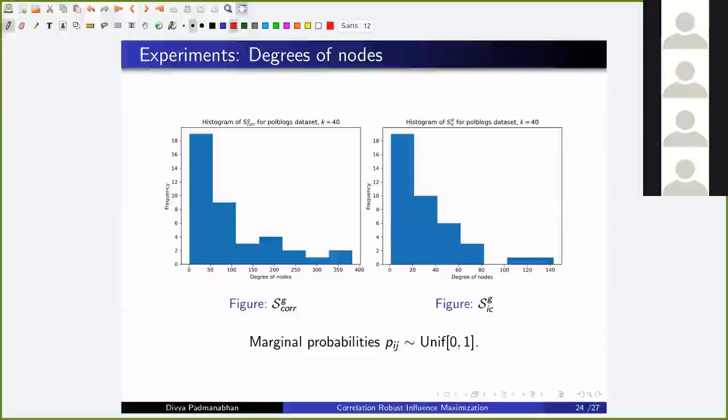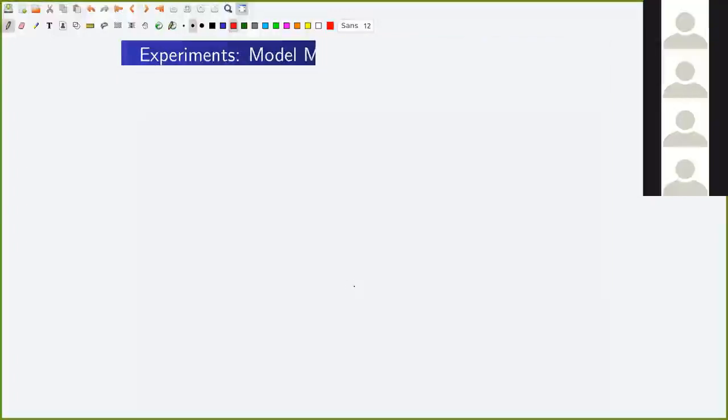You can see the difference: in the independent cascade, the seed set degrees stop at 140, but here you have some more nodes in this span. So that's a feature we see of the robust model.